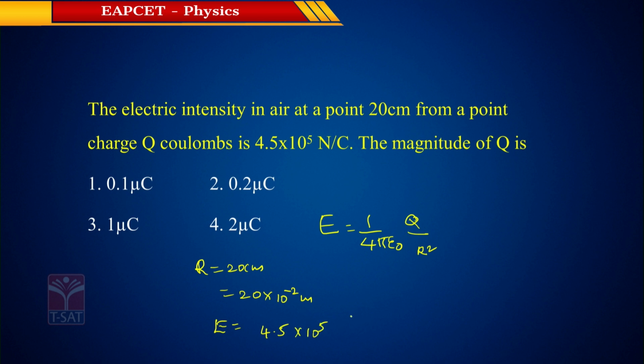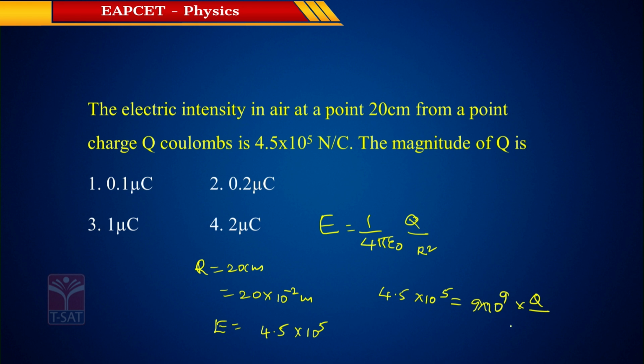Then, as you already know, substitute the value: 4.5 into 10 to the power 5 equals 1 by 4 pi epsilon naught, what is the value, children? 9 into 10 to the power 9, into q by r square.